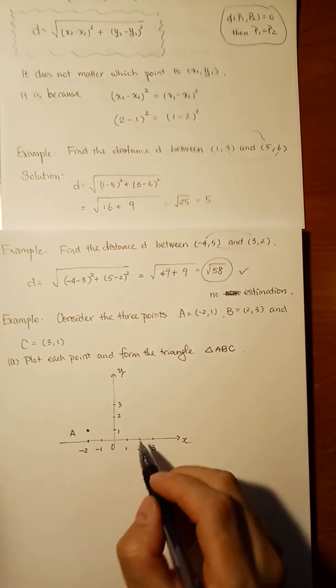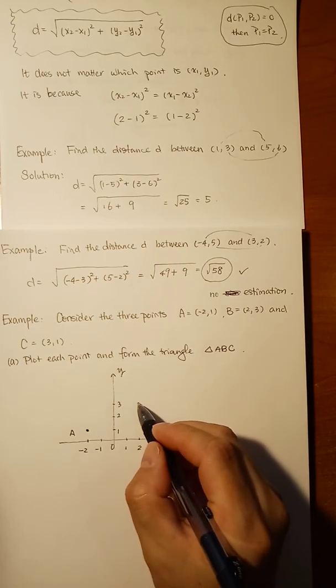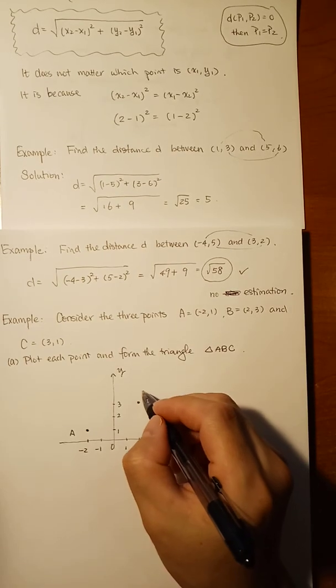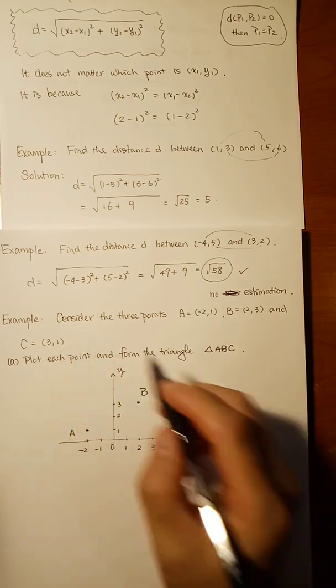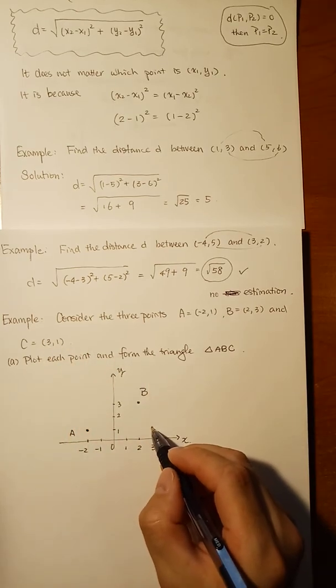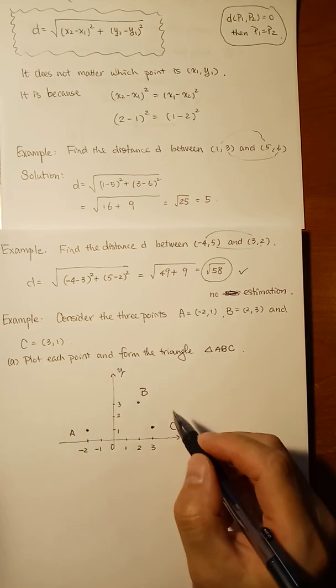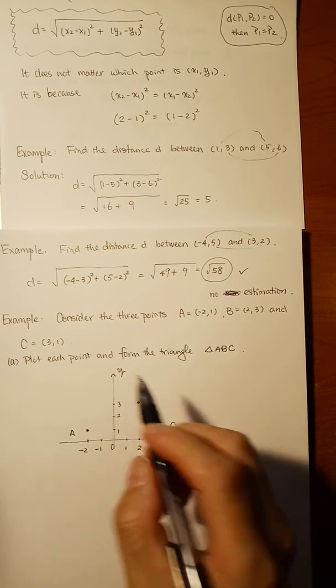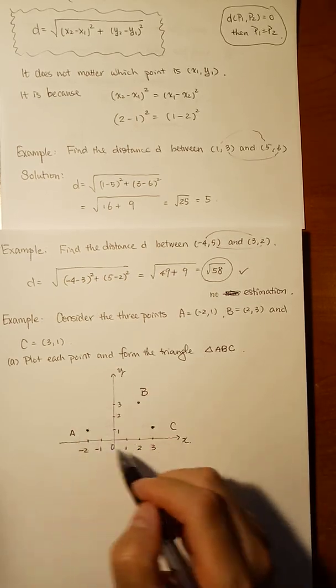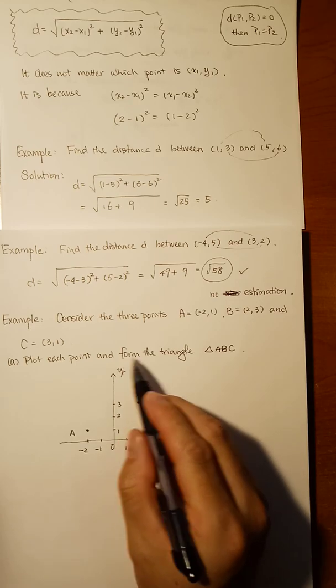B is (2, 3). 2, 3, B. C is (3, 1). 3, 1, C. Okay, so this is ABC, and it forms the right triangle. Here, we plot 3 points, and then form the triangle.